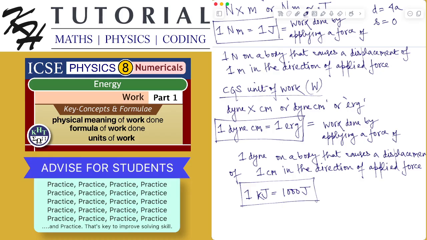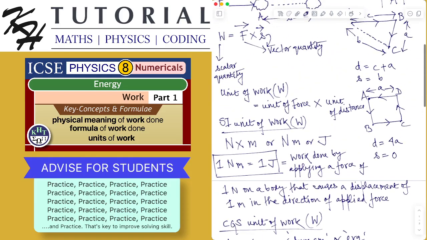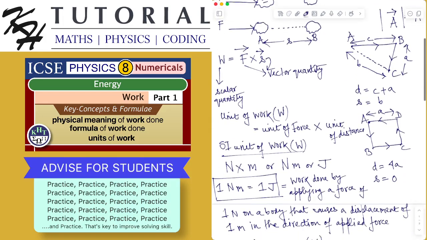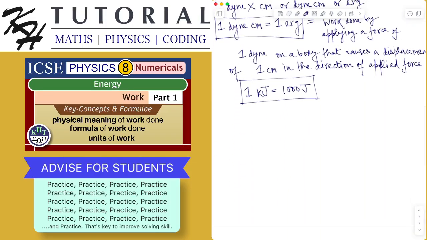So this was all about the physical interpretation of work done based on the applied force and the displacement. Now let's quickly analyze what we can understand from the formula. Work is equal to applied force multiplied by the displacement.